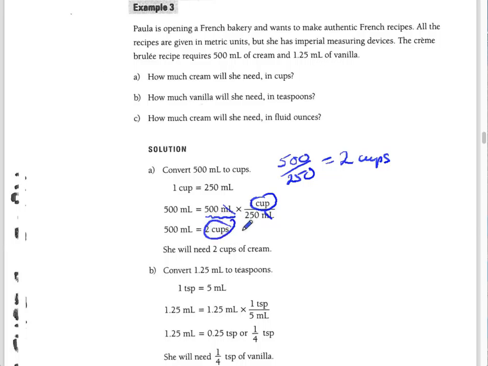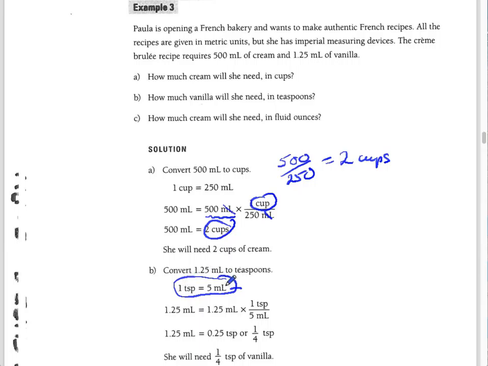Okay, the next part, converting 1.25 mils to teaspoons. We have the conversion factor that 1 teaspoon is 5 mils. So we can write it as either 5 mils per teaspoon or 1 teaspoon per 5 mils.